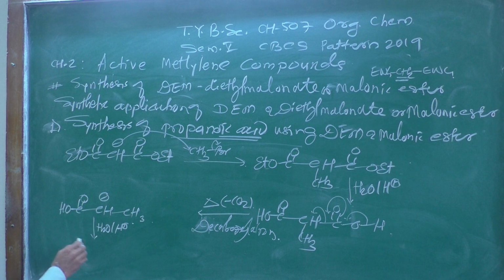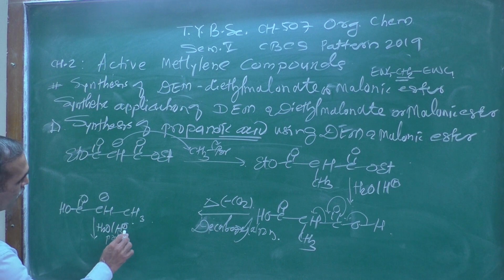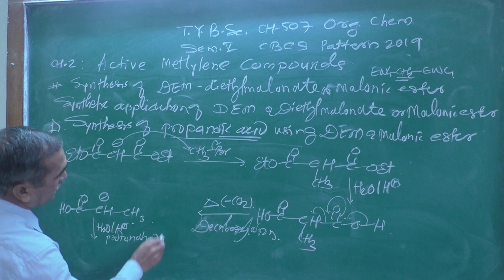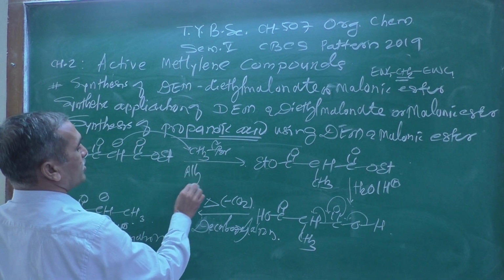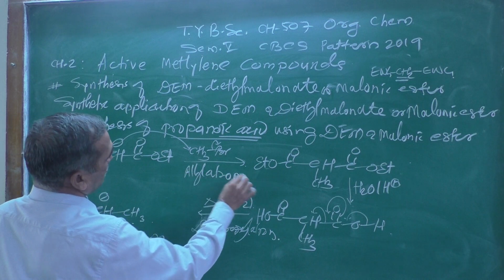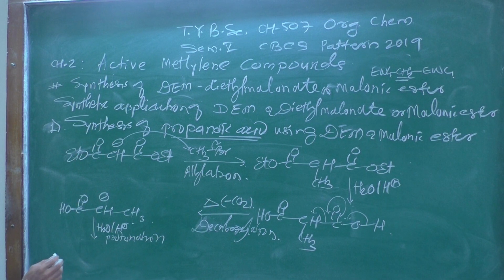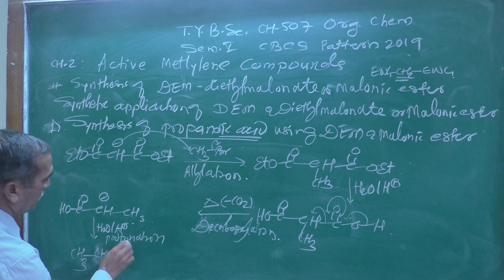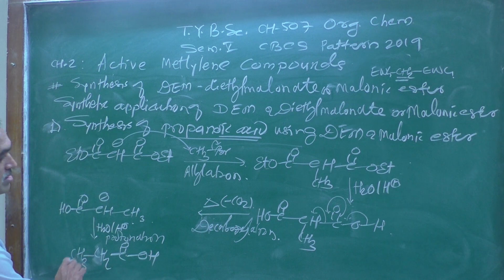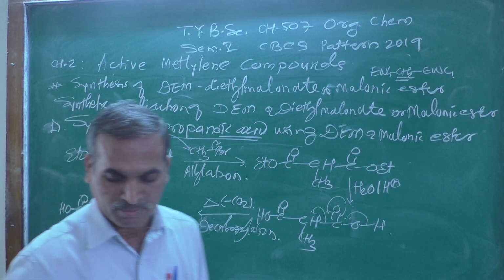This process is known as protonation, and the earlier process is known as alkylation. After the protonation, the resulting compound is CH3, then CH2, C double bond O, OH, and this is nothing but our target molecule.